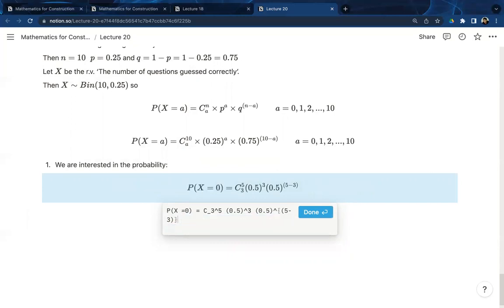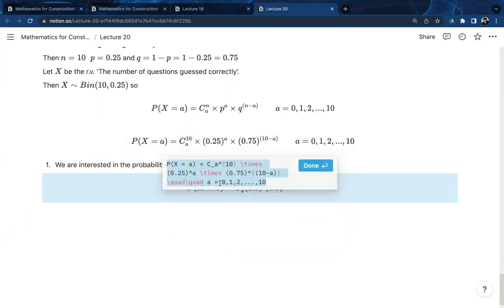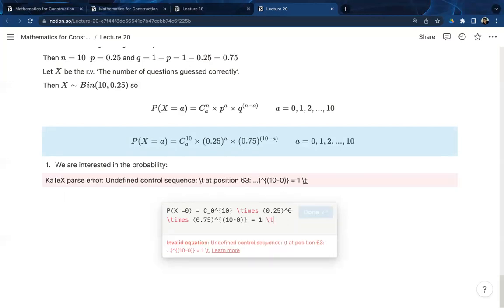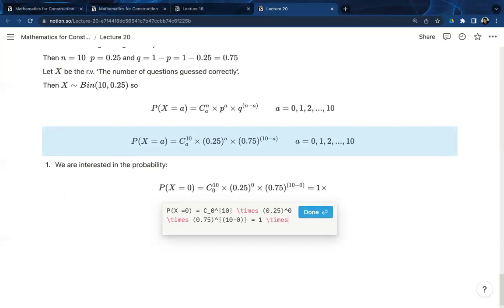So if X is equal to 0, then you really just substitute a now. 10 choose 0 is 1. 0.25 to the power 0 is 1.